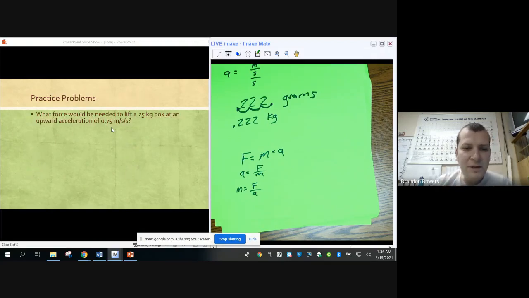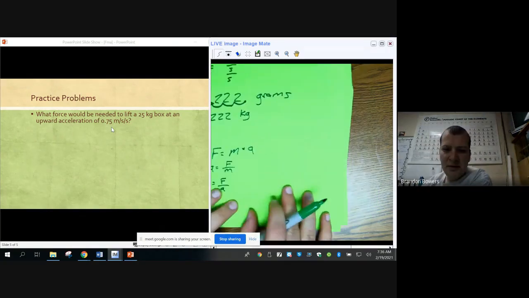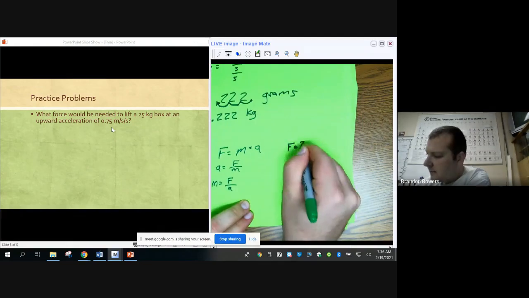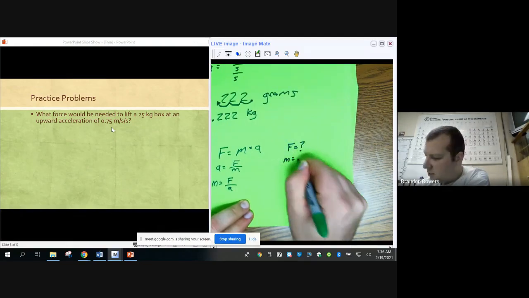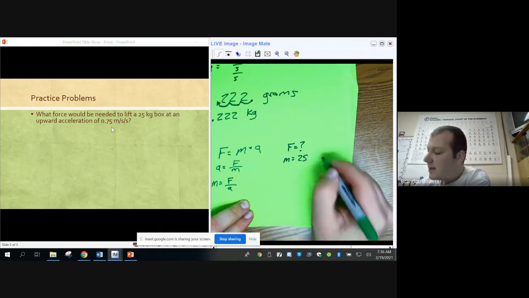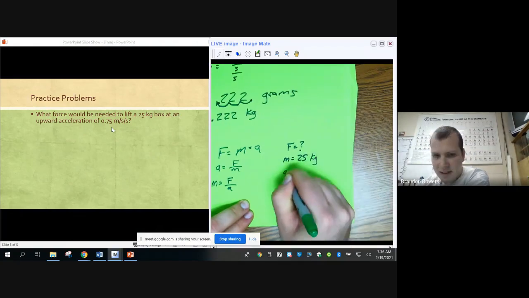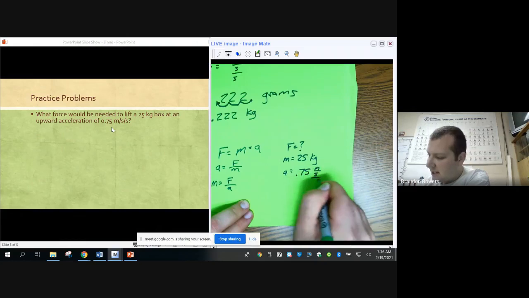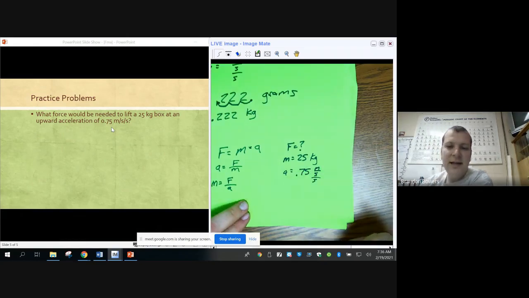What force would be needed? I don't know my force. I know the mass is 25. Is the unit correct? Yes. Acceleration is 0.75 meters per second per second. Is that unit right? Yes.